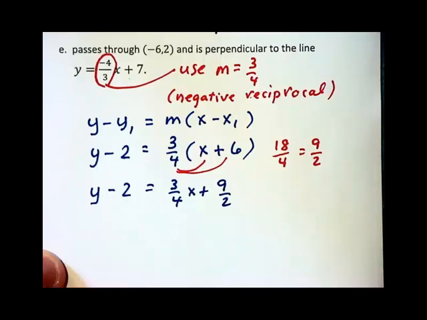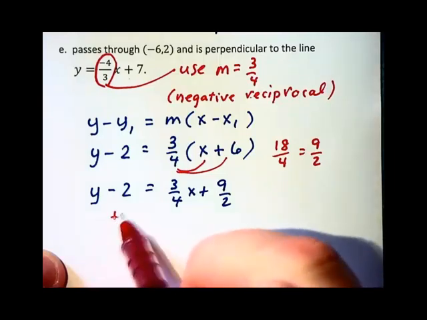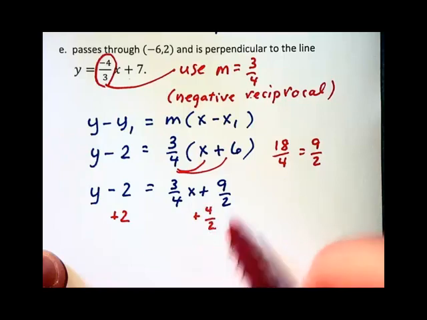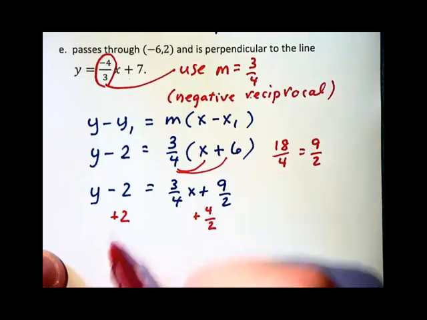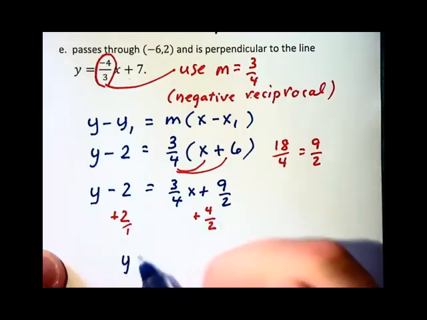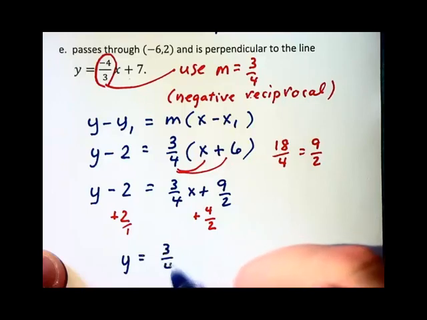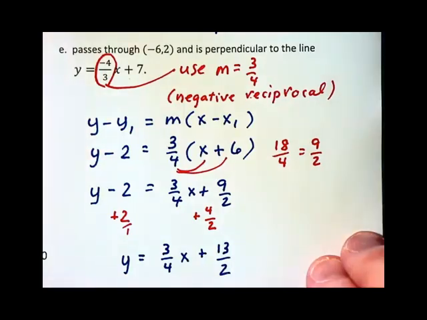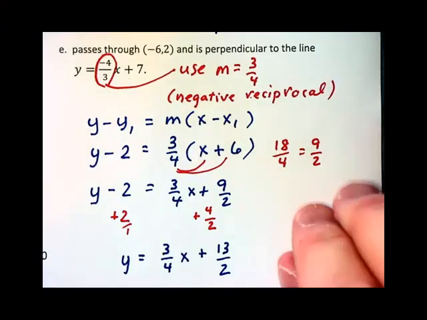We now want to isolate the y and add 2 to each side, but on the right we're going to treat that as a 4/2. 2 over 1 is the same as 4/2, and we want a common denominator to add with. So we will have y equals 3/4 x plus 13/2 as our equation.